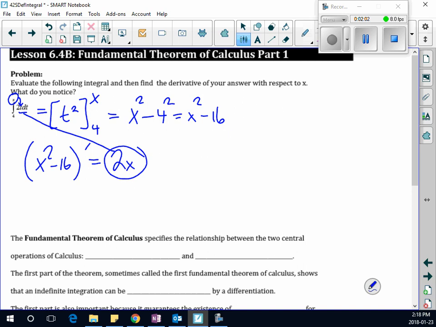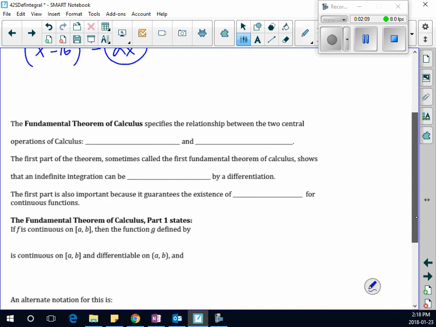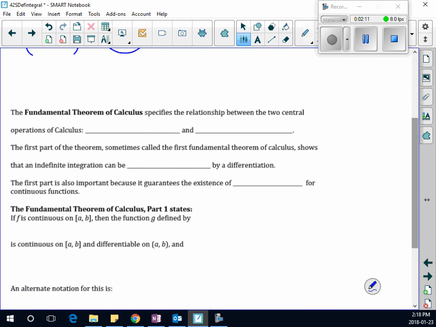Now, in this book it's part 1, in other books it's part 2, so I wouldn't be concerned about what part it is. It's just another branch of the fundamental theorem of calculus. And it basically specifies the relationship between two central operations of calculus, which is differentiation and integration. You could say anti-differentiation, but we usually say integration, right?